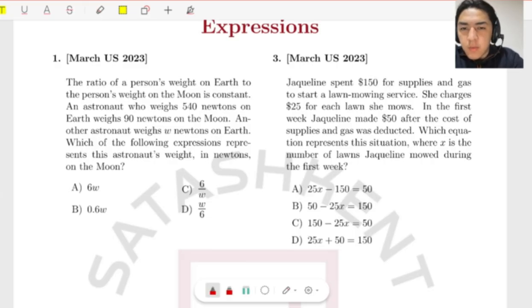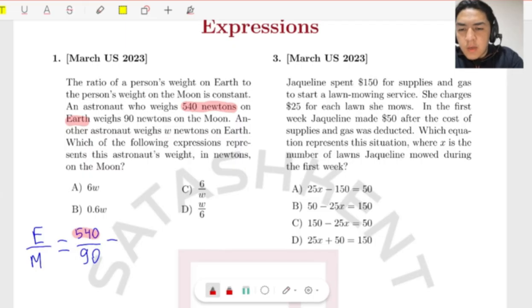Okay, let me write down one thing here. As it says, Earth to the Moon is a constant, so Earth over Moon is what? 540 over 90, because as you can see here, it is 540 newtons on Earth, so I have plugged it into the Earth part, and 90 newtons on the Moon, and I plug it into the Moon part.